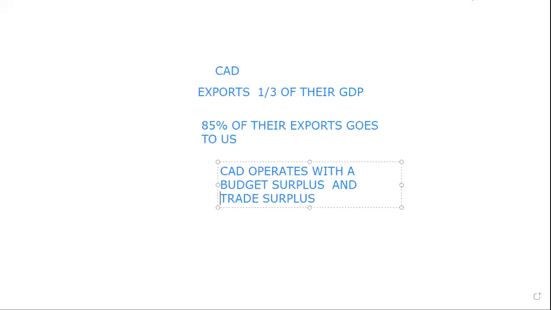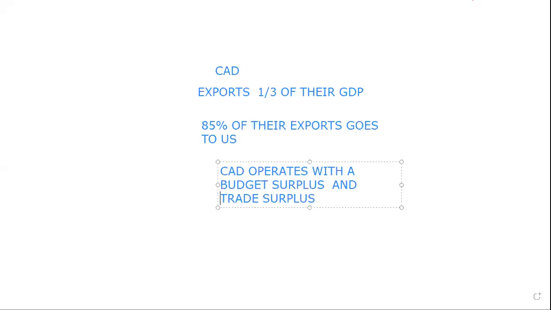So who do they export these things to? They export majorly to US. So now the US economy, therefore, will affect the Canadian dollar. Whatever news that affects US will affect Canada. Now you see the correlation.